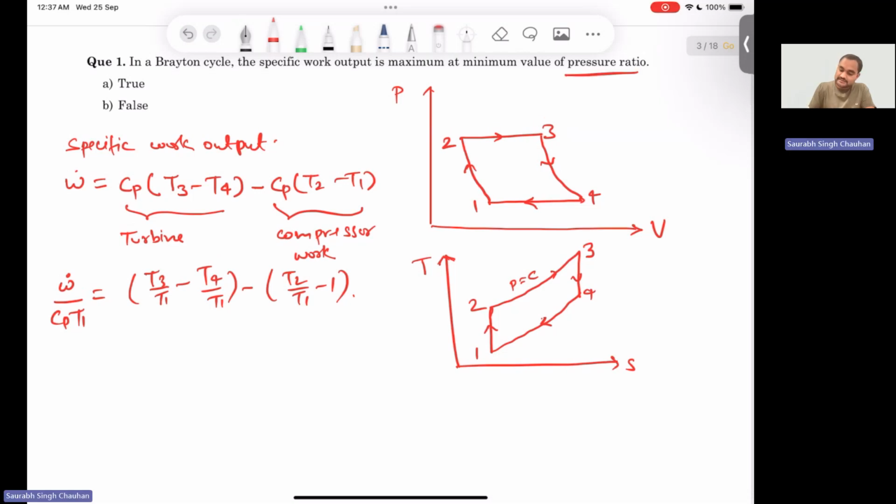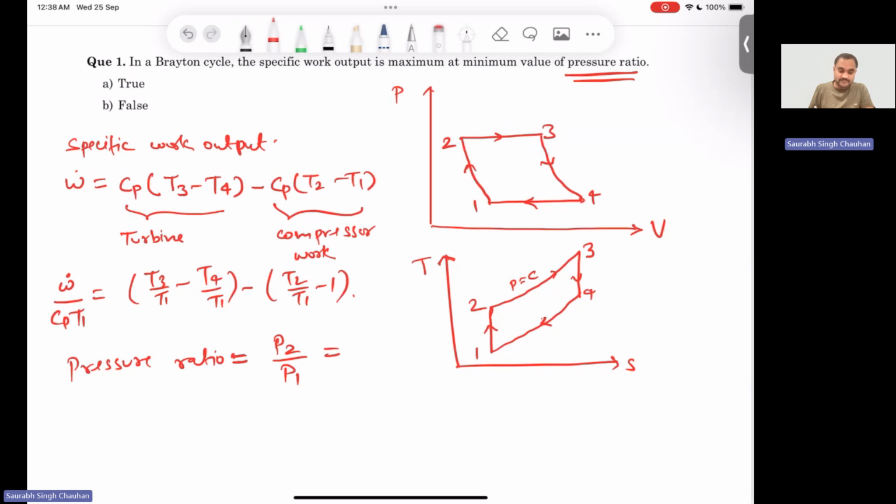And there is something called pressure ratio. Pressure ratio is nothing but the ratio of final pressure to the initial pressure at the compressor. At the outlet of the compressor you have P2 and at the inlet you have P1.